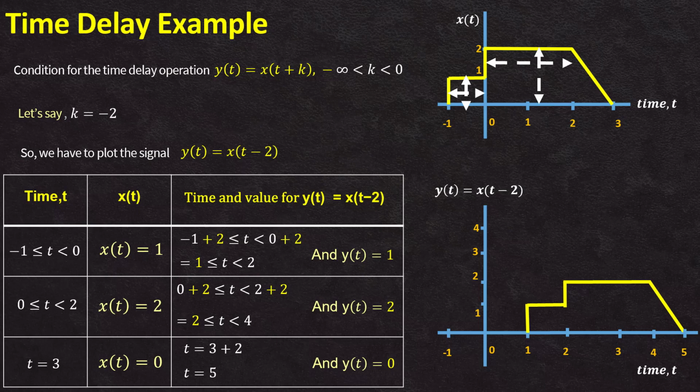So we can say that in order to obtain the signal y(t), which is the time delayed version of the signal x(t), we have added 2 time instants to the time axis of the signal x(t), but no changes in the amplitude axis of the signal took place. So for the time delayed version of the continuous time signal, we just need to add a value of k to the time axis of the original signal, and no changes should take place in the amplitude of the signal.